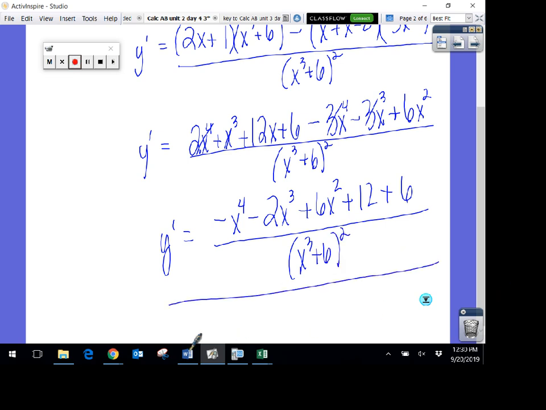And it's actually a better idea to leave your denominator unsimplified, because if things canceled in that numerator and you ended up with an x to the third plus 6, you would want to be able to recognize that. Oh, sorry, I forgot the x. 12x. Thank you. Okay, so the calculus part's that first step. Everything else is multiply, add, and subtract.